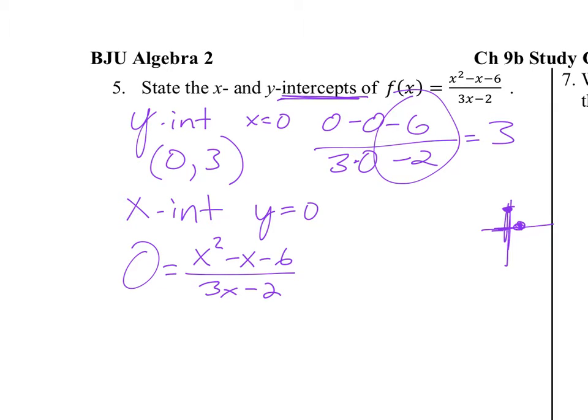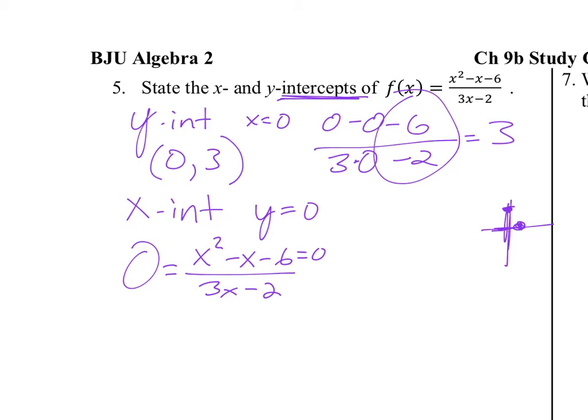In any fraction, it doesn't matter what the denominator is, you're not going to be able to divide by 0. That's not what you're looking at. When you need a fraction to equal 0, you need the numerator to equal 0. So we're really just going to look at what makes that 0.